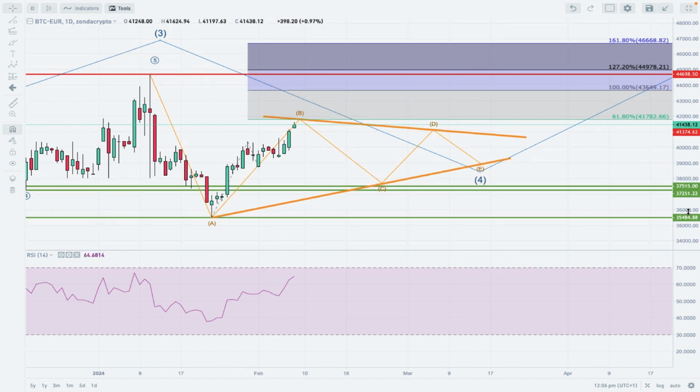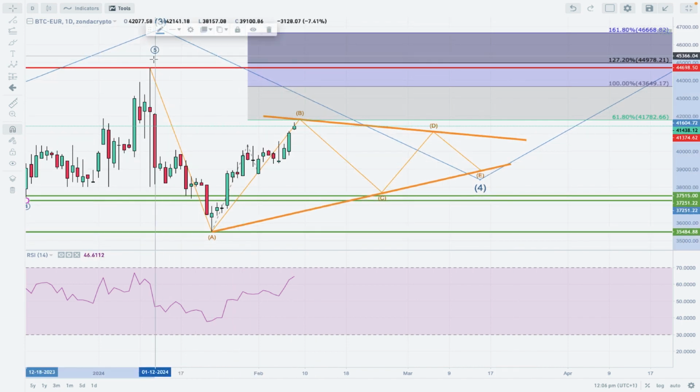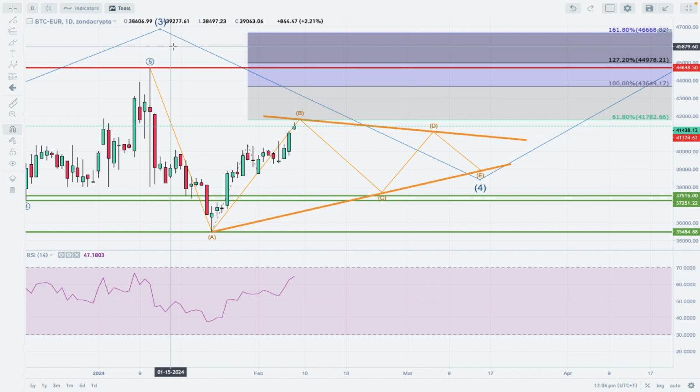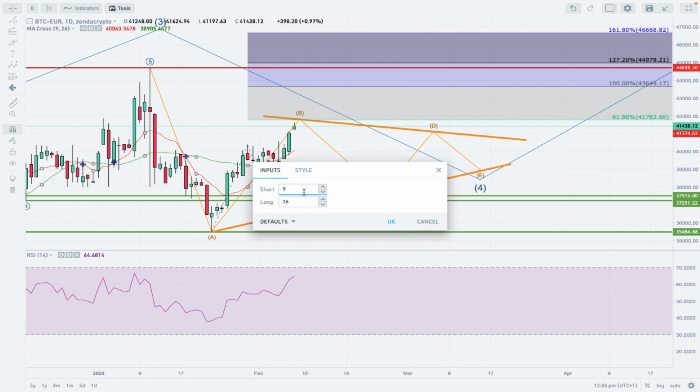Now, let me just make this chart a little bit bigger, so we know everything about this chart. Now, what we want is, of course, moving averages. So for the moving average cross, we are going to use our favorite one, which is the 100 and 200 periods moving average.